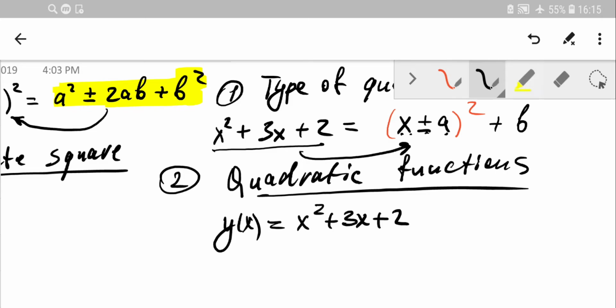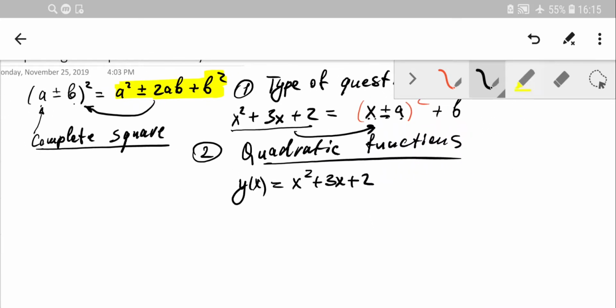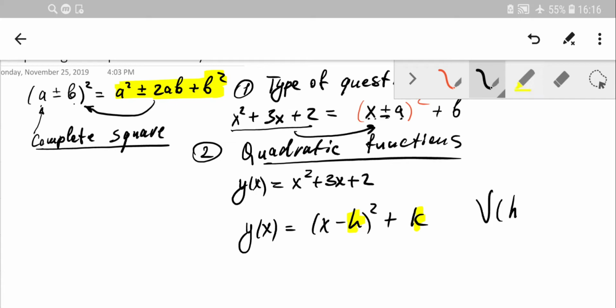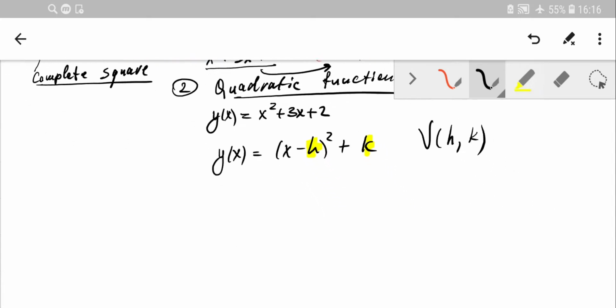That's definitely a parabola or quadratic function, and you need to come to the vertex form, which also contains a complete square. That's x minus h squared plus k, where h and k are simply the coordinates of the vertex.